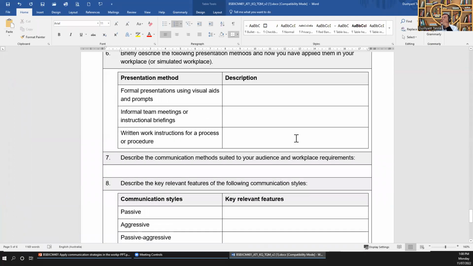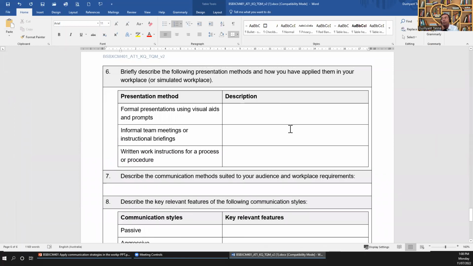Three more questions, and then we'll go on a break. Briefly describe the following presentation methods and how you applied them in your workplace or simulated workplace. Formal presentation using visuals and font. How does it help you? How do you use that? Informal meeting. And written work instruction.